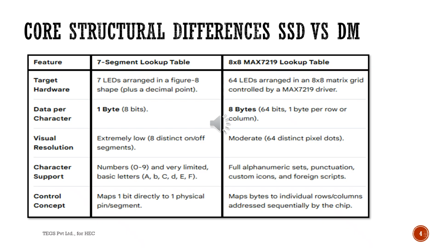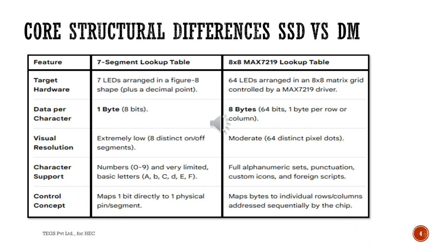Character support: the 7-segment display supports 0 to 9 numbers and very limited basic letters like A, B, C, D, E, F, L and so on. The 8x8 MAX7219 display supports a full alphanumeric set, punctuation, custom icons and foreign scripts.